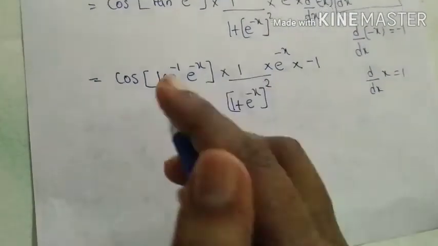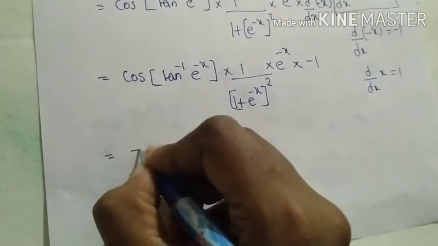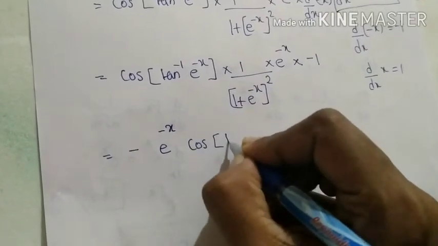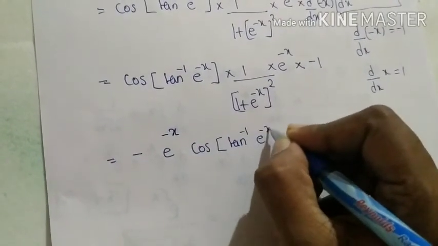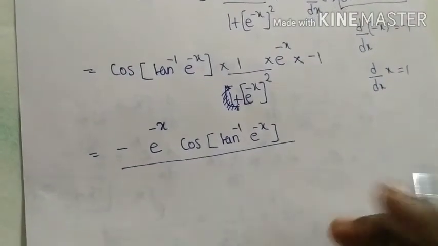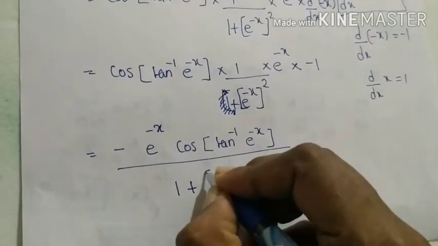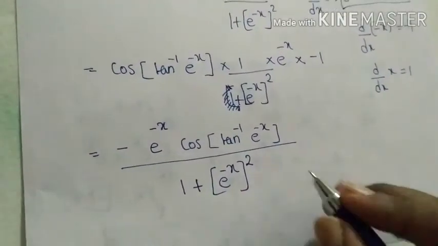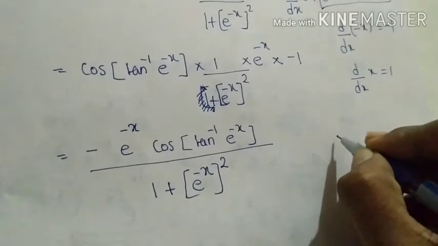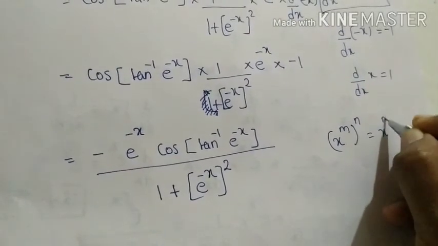So I am going to rearrange this answer as negative e raised to minus x into cos of tan inverse of e raised to minus x whole divided by 1 plus e raised to minus x whole square. We know that by using law of exponent, x raised to m whole raised to n is x raised to mn.